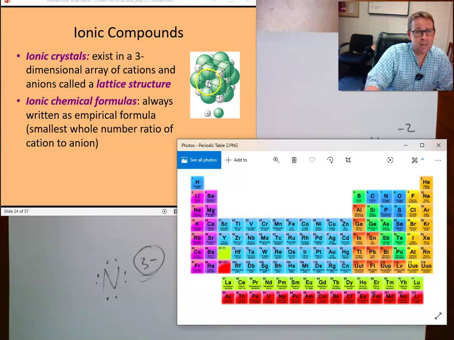See this positively charged sodium ion here, that my pointer is pointing to, Daisy. Can you count, and you'll have to think three-dimensionally here, if this was in the middle here, how many neighboring chlorine ions does that sodium ion have, Daisy?